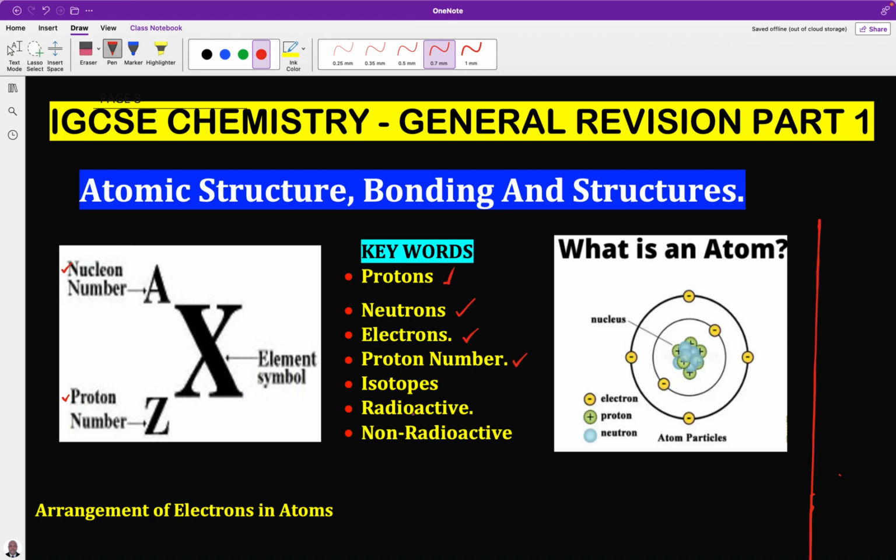The mass of an electron is about 1 over 1,837 atomic mass units.